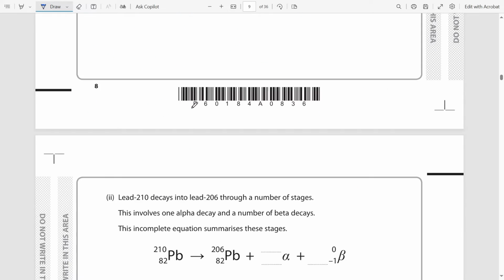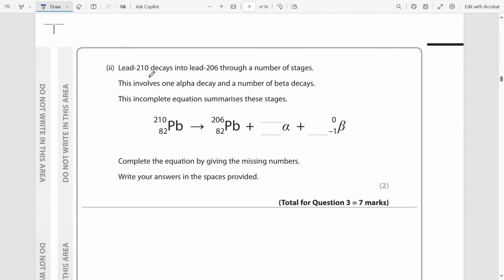Okay, next. Lead weight. Well, I can't read this number for some reason. Lead 210 decays into lead 206 through a number of stages. This involves 1 alpha decay and a number of beta decays. I see. So, guys, you need to know the alpha particle's proton number and mass number off by heart.